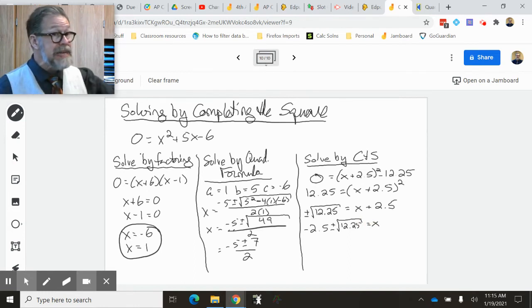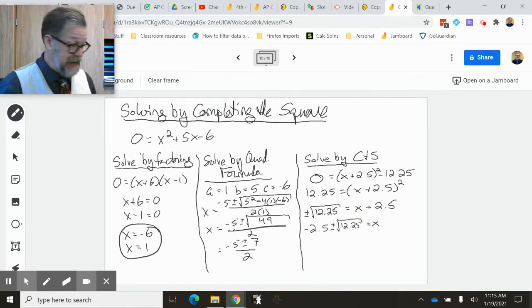Now, I am going to need a calculator here because I don't know what the square root of 12.25 is. Although, wait, as a matter of fact, I do.